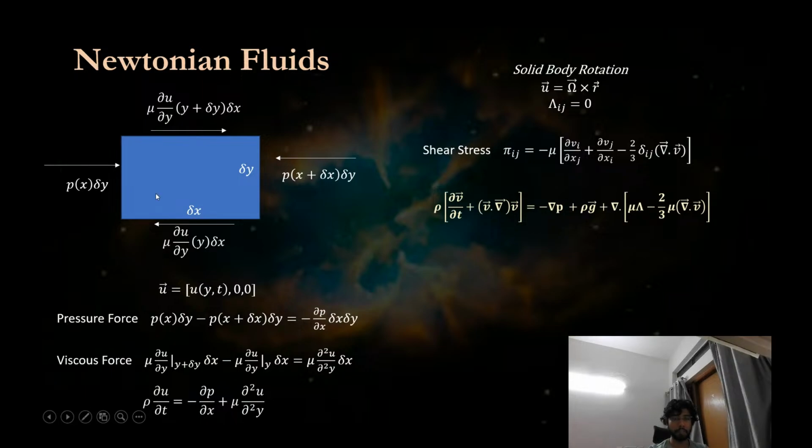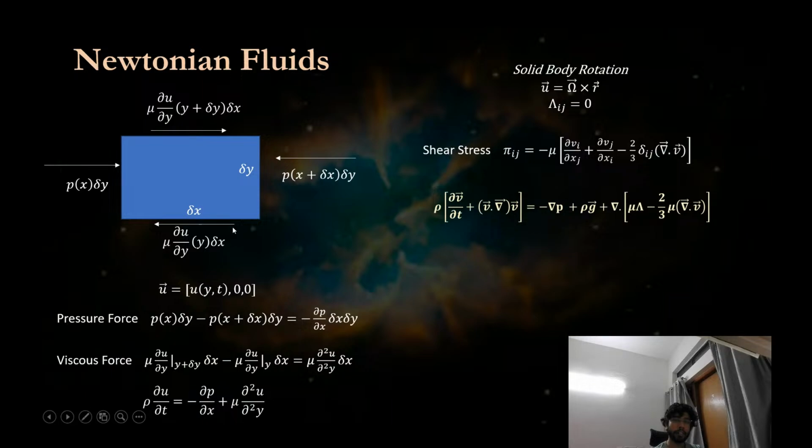And let's say that there are pressure forces acting on it. So let's do the force balance for this block of fluid. There are pressure forces acting on it, and we'll ignore gravity for now. Apart from pressure forces, in presence of viscosity, there are also viscous forces acting on the fluid.